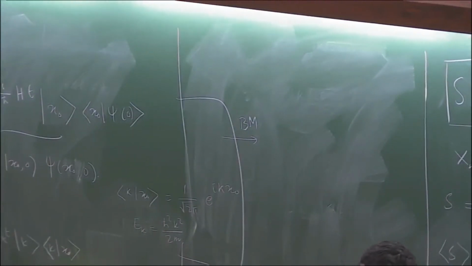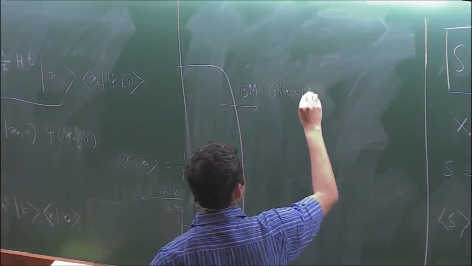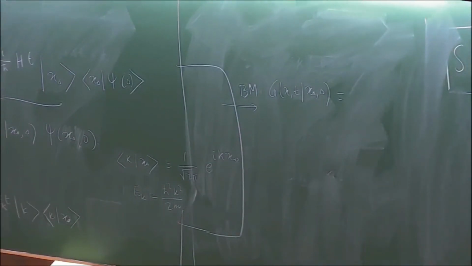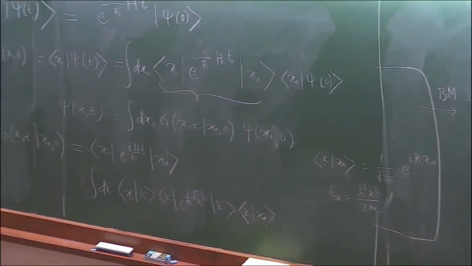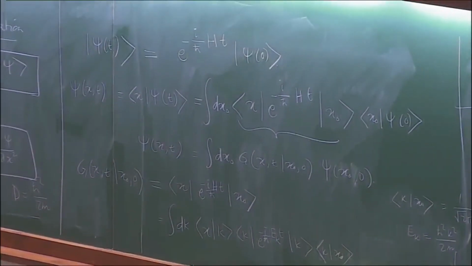So g of x t, x0, 0. I have to take this time i by h cross t, and that time I have to make my time in the classical problem, this Brownian motion problem, right?